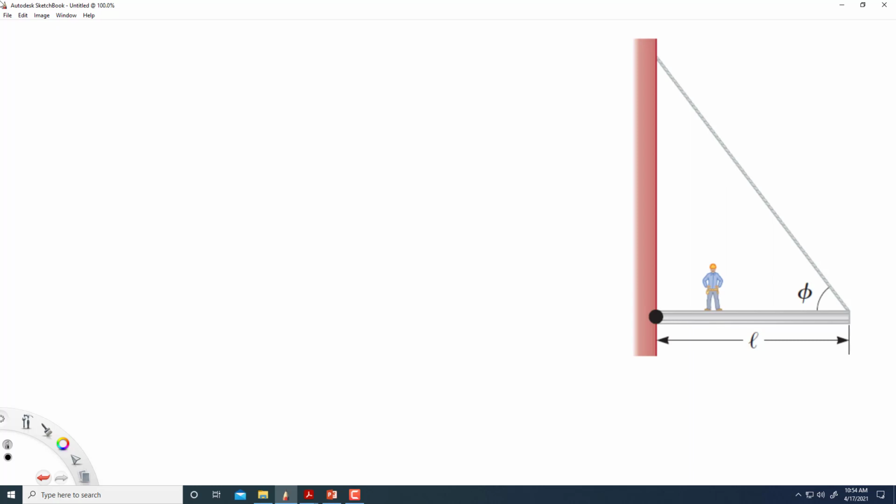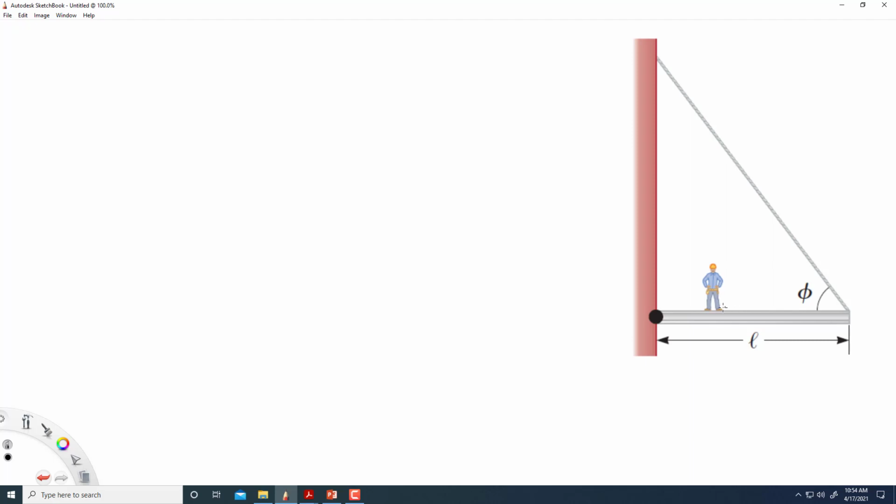Its far end is supported by a cable that makes an angle of 53 degrees. So this angle is 53 degrees with the beam as shown in the figure. A person of weight 600 Newton stands at a distance 2 meters from this pin connector. Find the tension in the cable as well as the magnitude and direction of the force exerted by the wall on the beam.